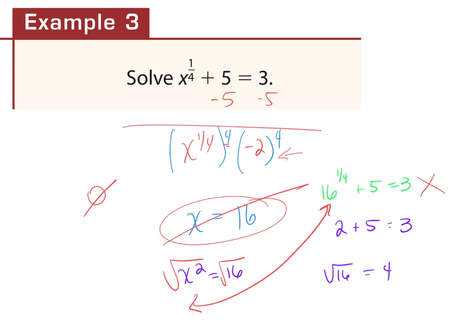If you have a variable squared, yes, you have to consider the positive and the negative root. But if you are just taking the root of a whole number, you do not consider a positive and negative root when there's no negative in there, okay? So in this case, when you check it, you have what's called an extraneous solution. You're going to see those instructions in your homework, and you're going to see that on my worksheets.